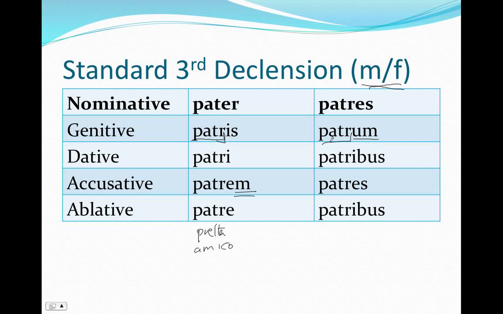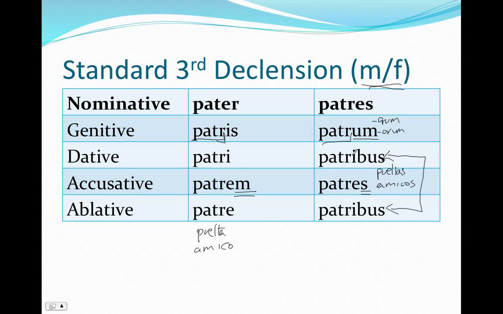Here we don't have the orum or the arum of the first and second declensions; here it's just um. Another pattern is that accusative plurals end in s, like we had puellas, we had amicos, and now we have patres. And the final pattern that can be observed is that the dative and ablative plurals are the same.